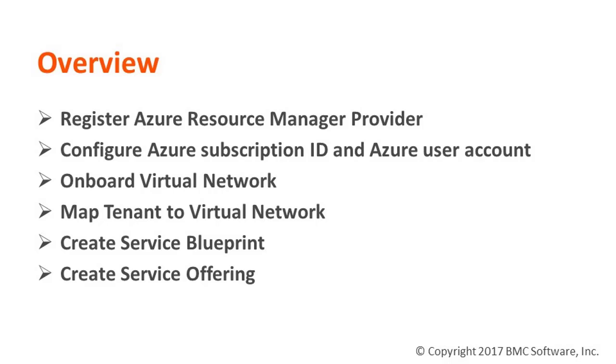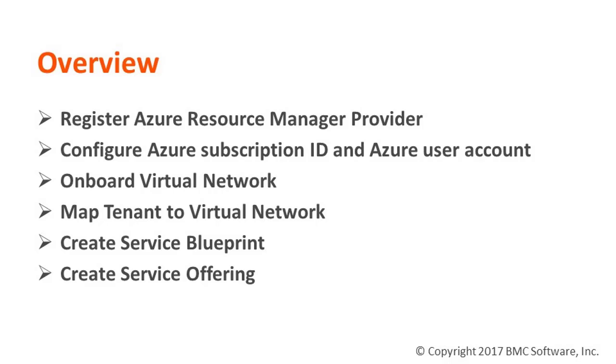In this slide, you can see the high-level steps to onboard this Azure RM provider and start using it as a custom provider in CLM. First, you need to register Azure RM as a custom provider in the CLM admin console. Once the registration is completed successfully, you need to add an Azure user account to this custom provider and provide all of the detailed information like subscription ID, tenant ID, client ID, and so on.